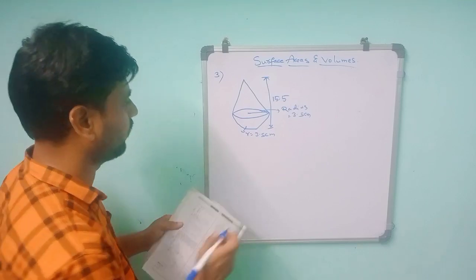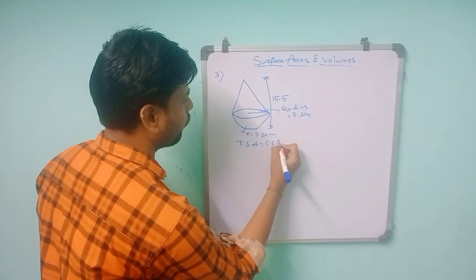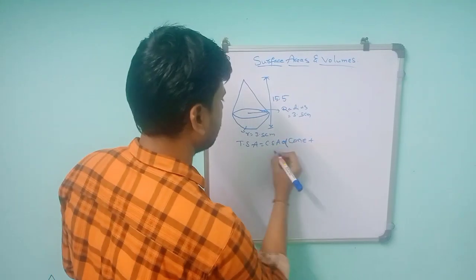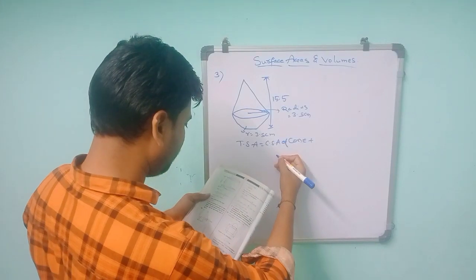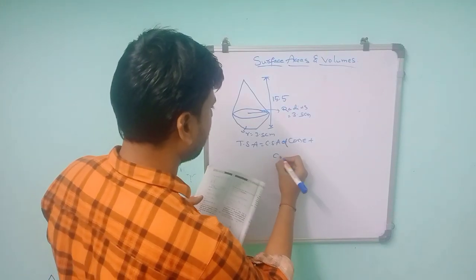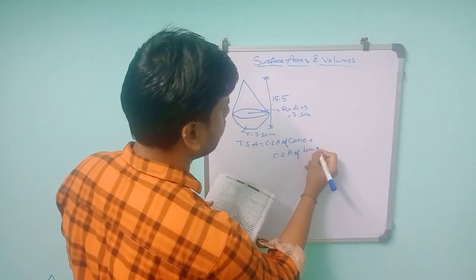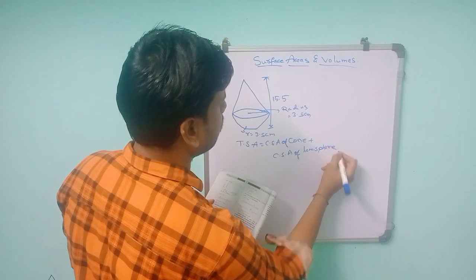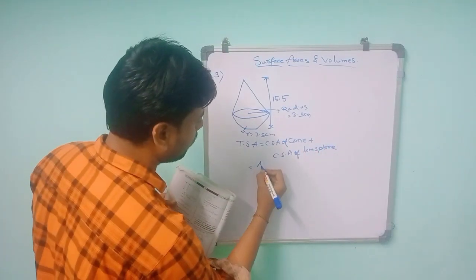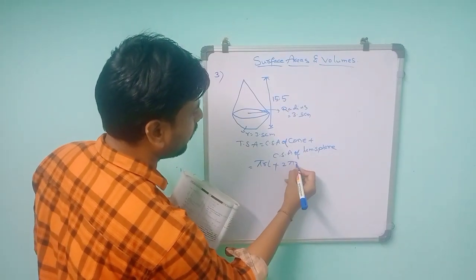So we have to find the total surface area, which will be the curved surface area of cone plus curved surface area of hemisphere. The curved surface area of a cone is given by the formula pi r l, plus curved surface of hemisphere is 2 pi r squared.